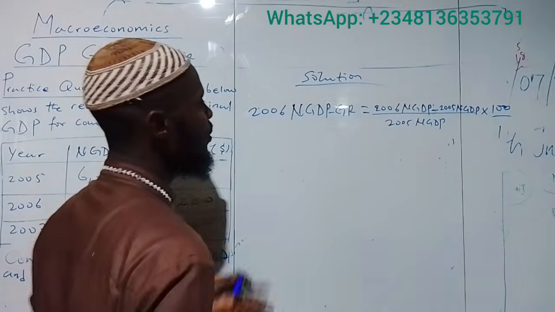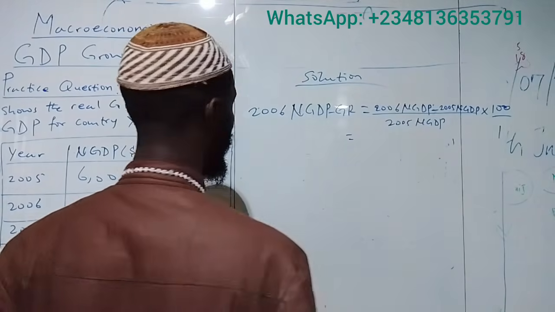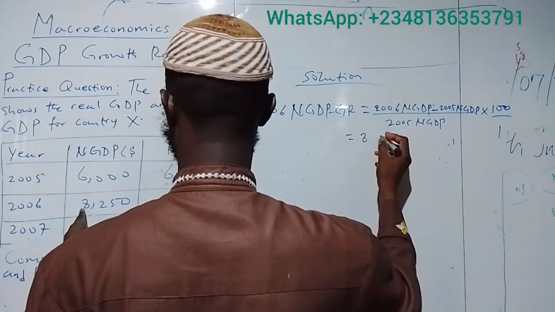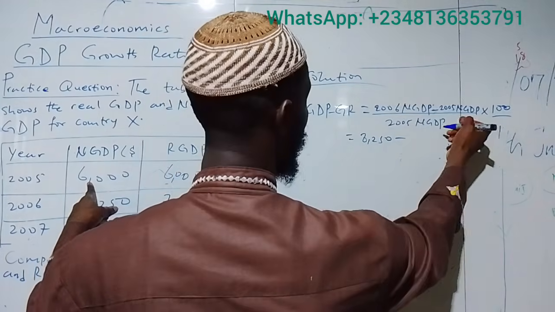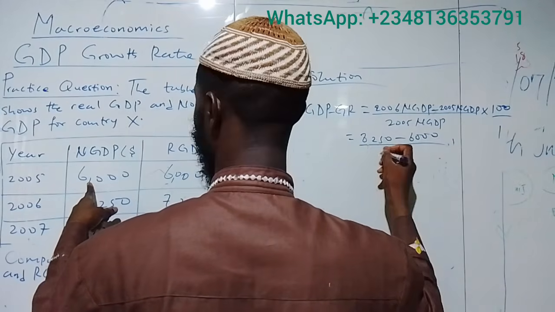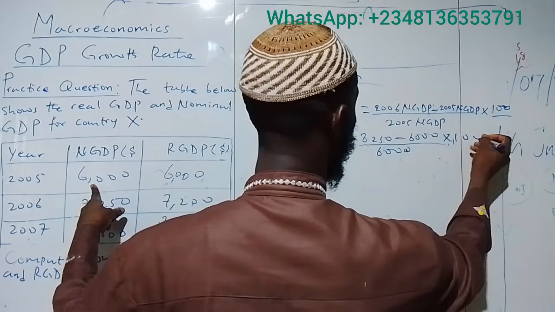Now we are going to do nominal GDP for 2006. We have 8,250 minus the 2005 value, which is 6,000, then divided by 6,000 multiplied by 100.